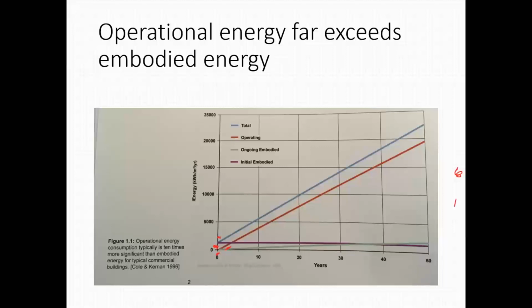The embodied energy is going to go up when we put more high performance materials in our building, and when we put more effort and detail into how we construct our buildings. But the slope of the operating energy curve is going to be much lower than the building charted here. So we might start a little bit higher, but it's going to be lower over time.